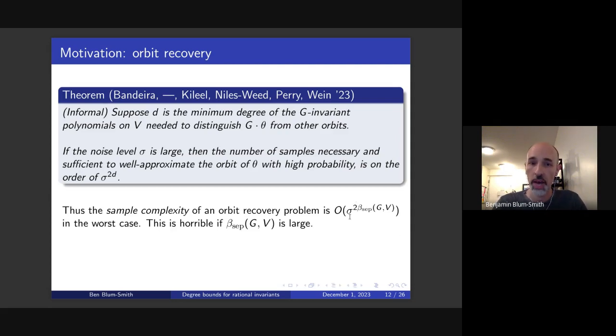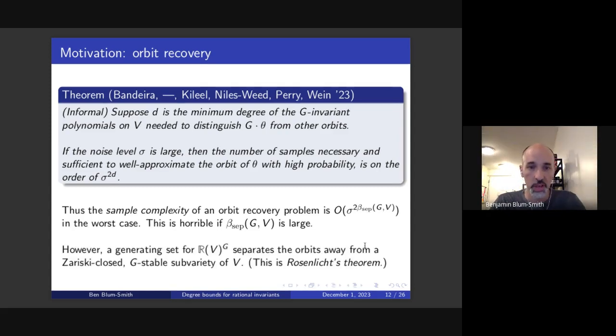That tells us right away that in the worst case, the sample complexity of the problem is on the order of noise level to the 2 times beta sep.